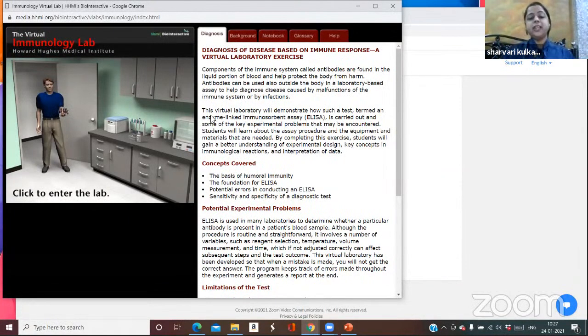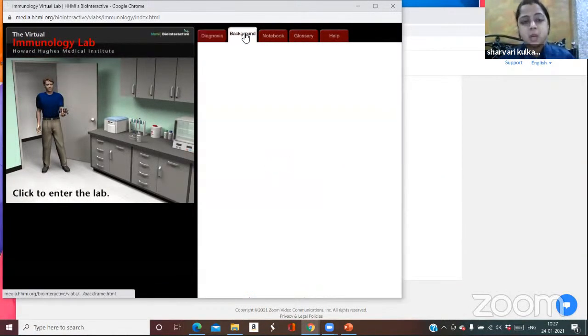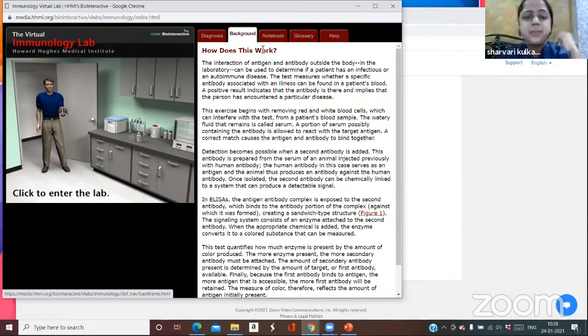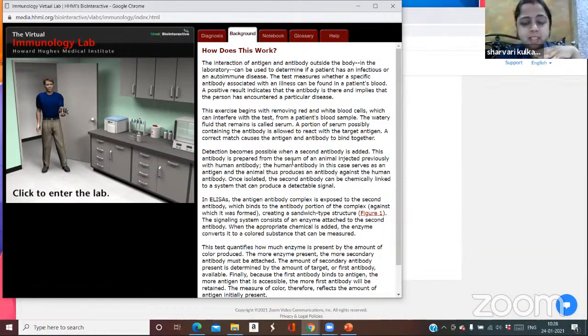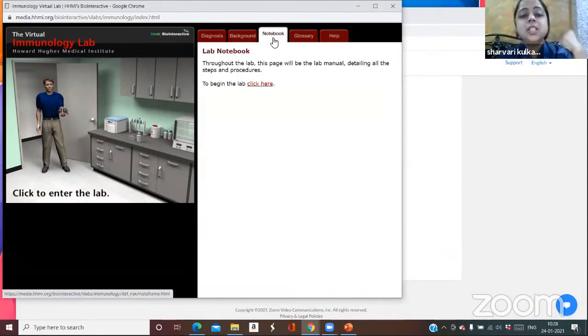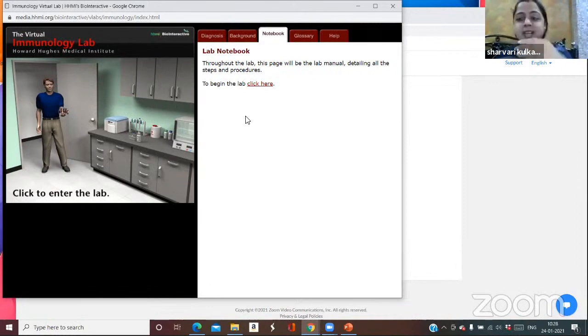First of all, they have given here the background of ELISA. Now we know what the principle and the technique are, so I will not go into the detail of it again. This is the notebook where every step is mentioned. It's like when you enter the lab and you maintain whatever steps you have done.